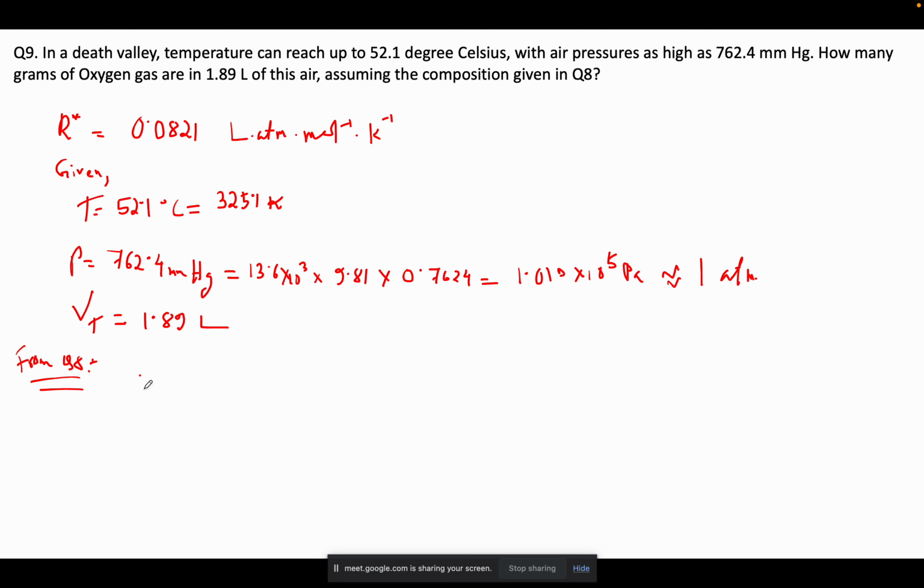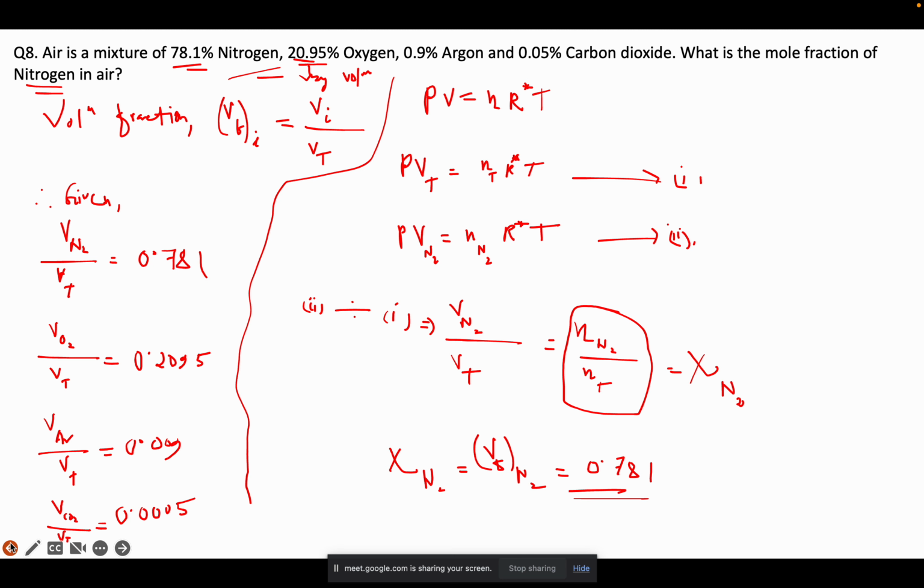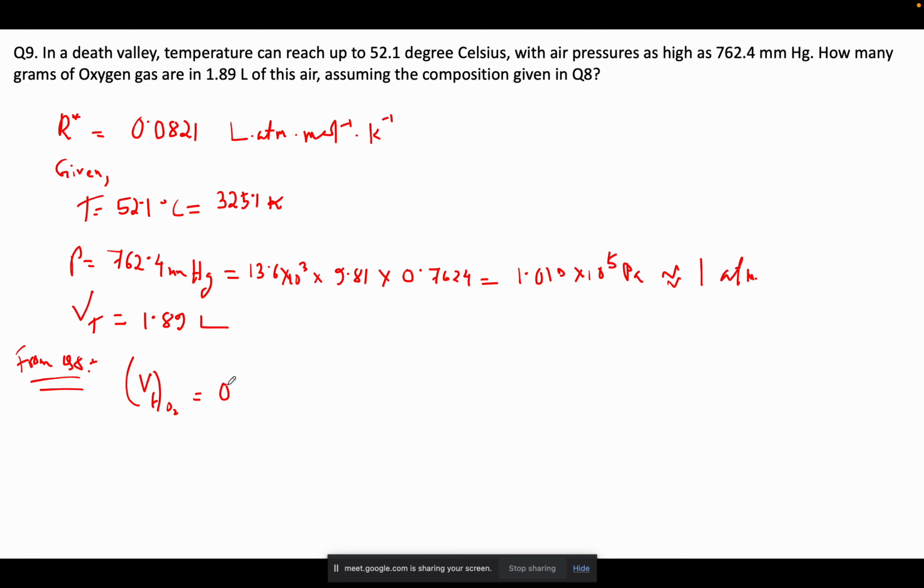Okay, now from question number 8, we know the volume fraction of oxygen is 0.2095. And what is volume fraction? That is basically volume of oxygen divided by total volume.